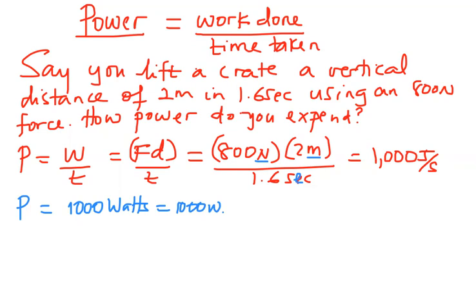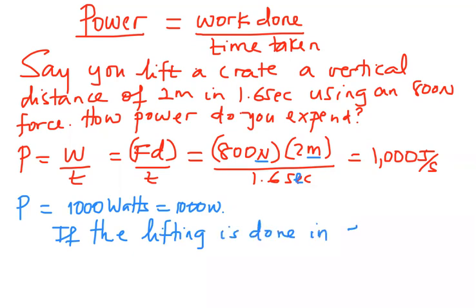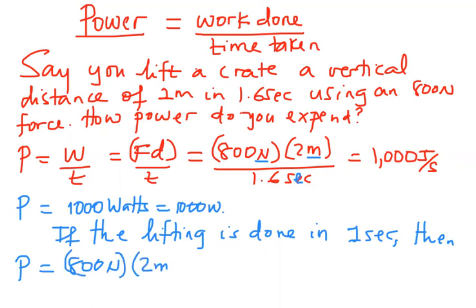Now you realize that if the lifting is done in a shorter amount of time, let's say 1 second, the power will be different. So if you do this fast, if the lifting is done in 1 second, then what do you see? Then the power will be, I'll just write here, 800 newtons still. Displacement is the same, 2 meters, but then you do this just in 1 second.